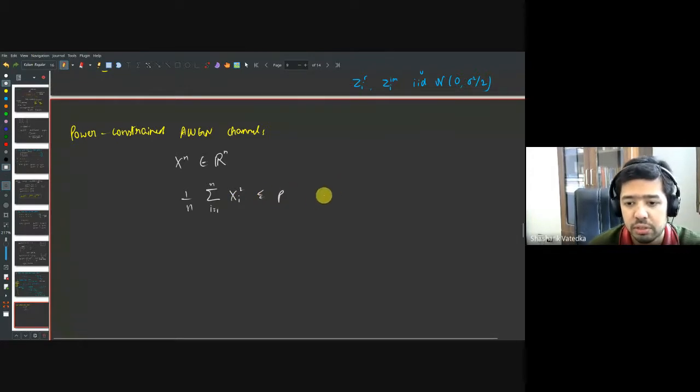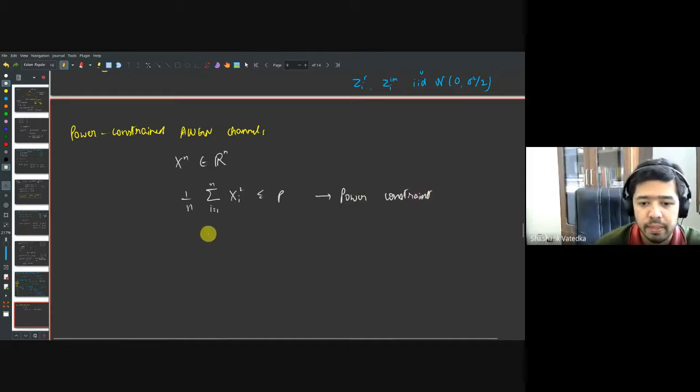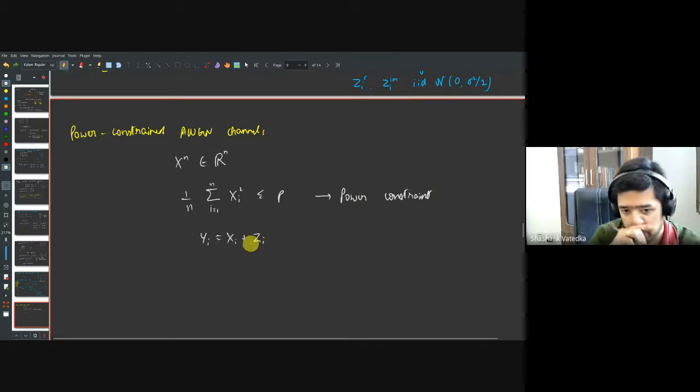So this is the power constraint. And of course yi is equal to xi plus zi, where each zi is IID Gaussian with mean 0 and variance sigma square.